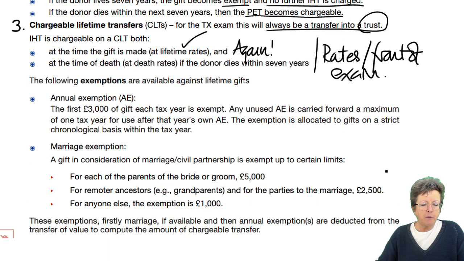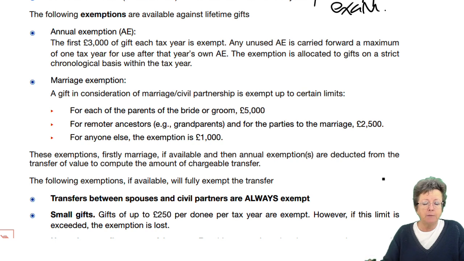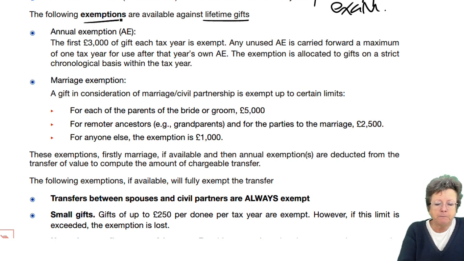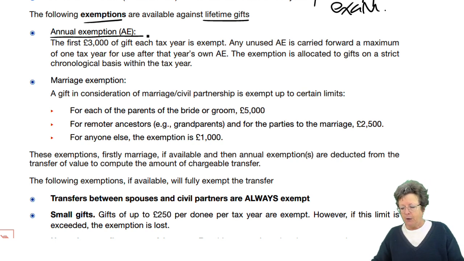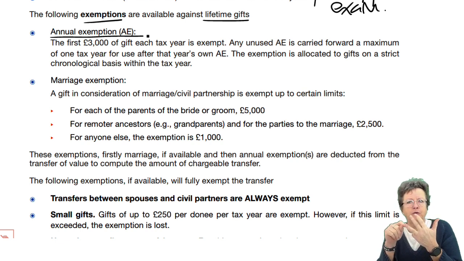There are some other exemptions which are available on these lifetime gifts. First one is the annual exemption. Please get these annual exemptions correct. Income tax, it's called a personal allowance. Capital gains tax, it's called an annual exempt amount. This is called an annual exemption. Please get them correct.